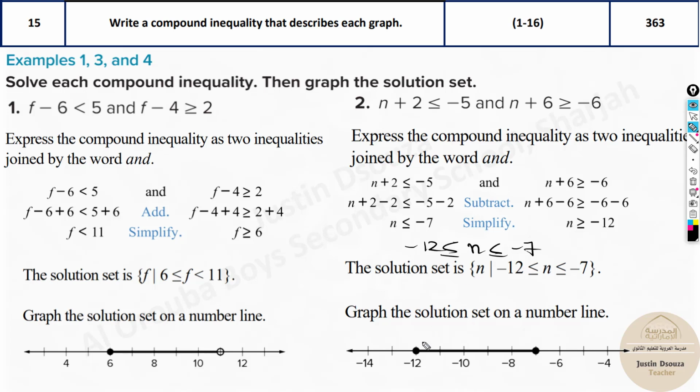That's it. Now this is within this range only. Minus 12 is a smaller number. Minus 7 is a bigger number than minus 12. So all the solutions are between that. So the possible answers are anything between these two: minus 12, minus 11, minus 10, minus 9, minus 8 and minus 7. Any value within that. So this is how we do it.